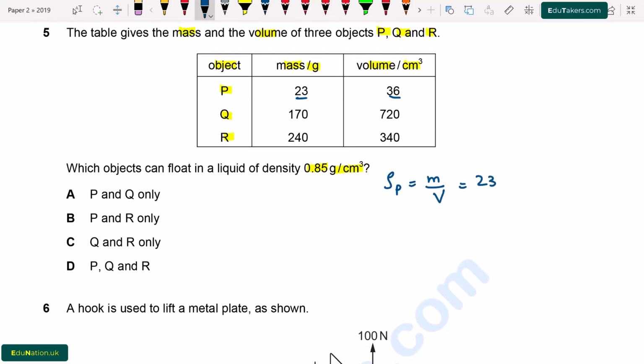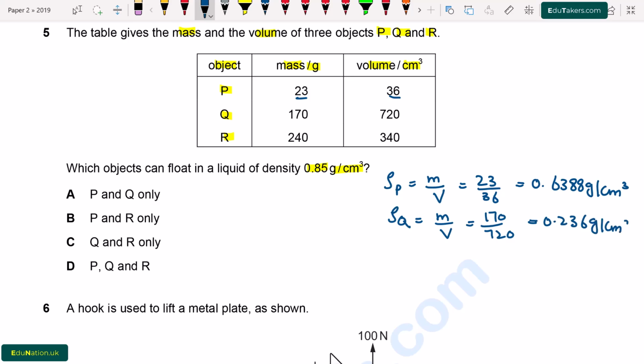So here will be 23 over 36, which is equal to 0.6388 gram per cubic centimeter. The density for object Q is also equal to mass over volume, 170 divided by 720. It is equal to 0.236 gram per cubic centimeter.